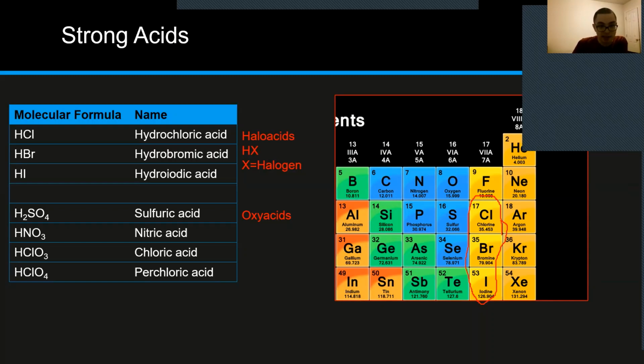And then the acids on the bottom are all oxyacids. Now, if we look at the root here, oxy, that's because they all have oxygens. The proton, the H+, dissociates from the oxygen as opposed to a halide in the group down here, right?